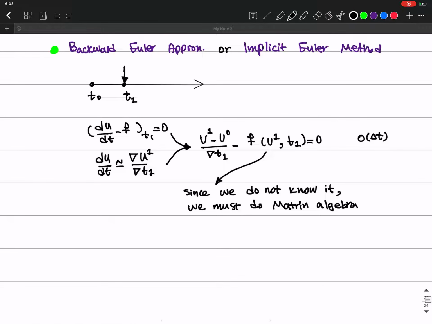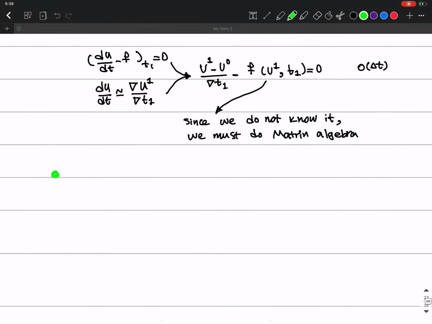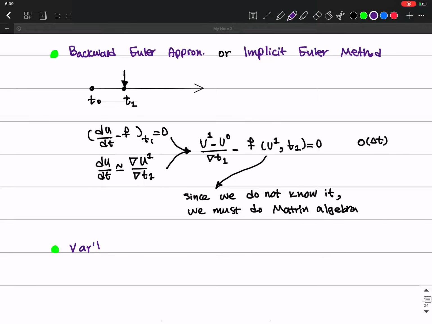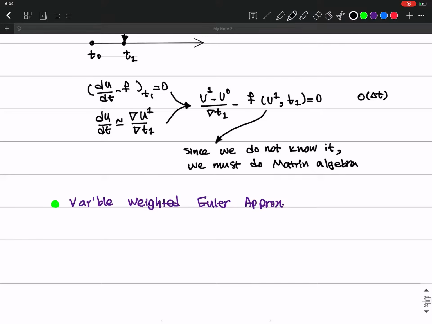So other than these two methods, we have a method in between, which is called variable weighted Euler approximation. This is just a combination of these two methods, and let's see what it is. So the method is as follows.